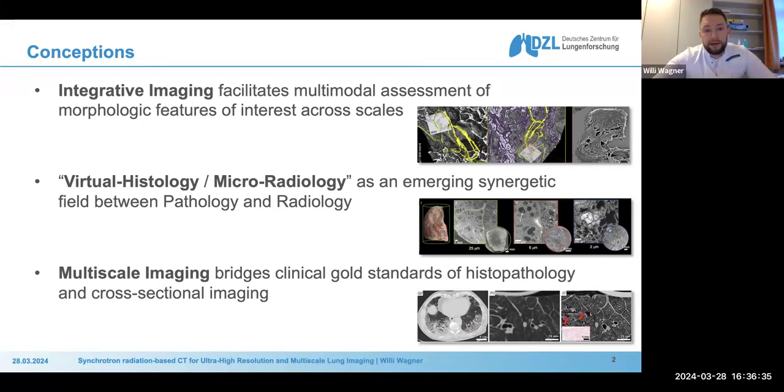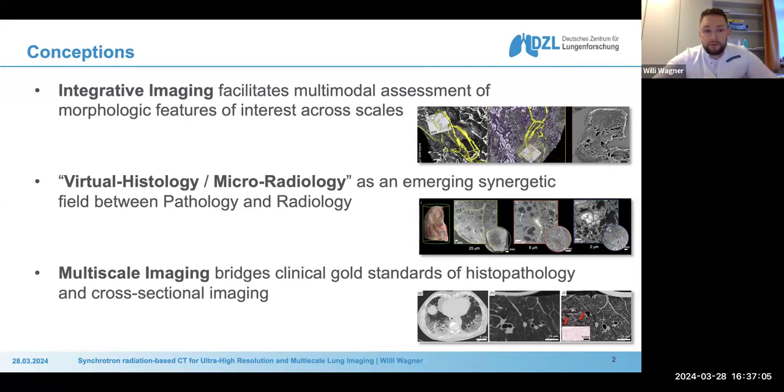What I mean by that is that we are using mainly synchrotron high-resolution imaging to gather 3D information about lung structure, because the lung inherently has a very complex three-dimensional structure and cannot be fully understood by just looking at cross-sectional imaging such as histology or electron microscopy.